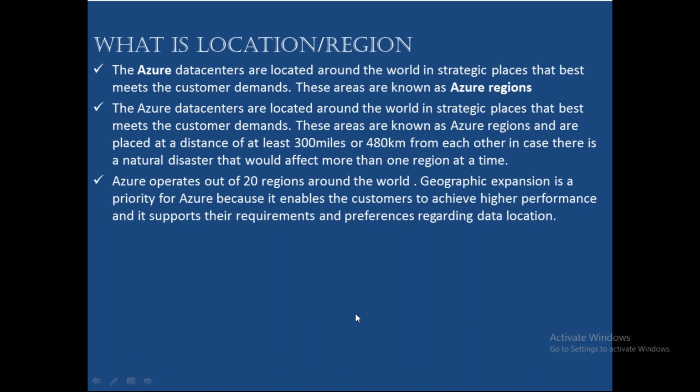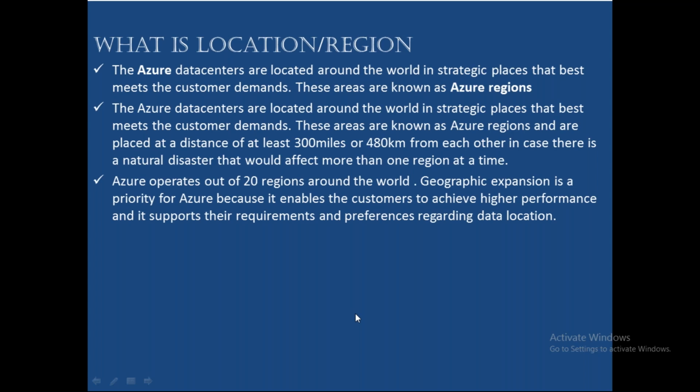Next, Azure operates out of 20 regions around the world. So as of today, Microsoft Azure has 20 regions. Geographical expansion is a priority for Azure because it enables the customers to achieve the highest performance, and it supports the requirement and preference regarding the data location. So what it means is, for example, if I don't have any data center in India, and I'm using a US data center.